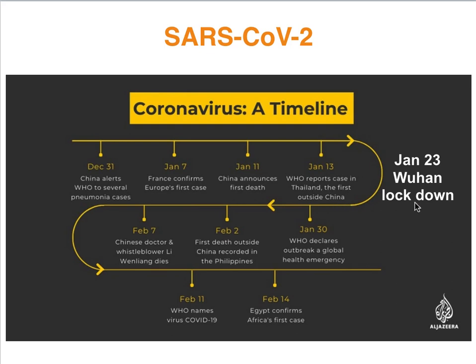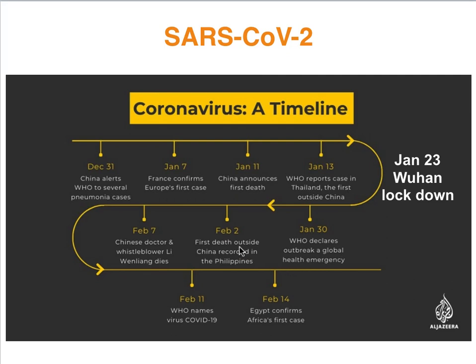And the number of cases increased dramatically in China. So on January 23rd, Wuhan went into lockdown to inhibit the spread of the virus. On January 30th, the WHO declared the outbreak in China as a global health emergency.